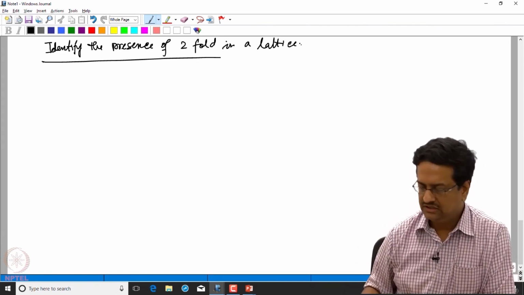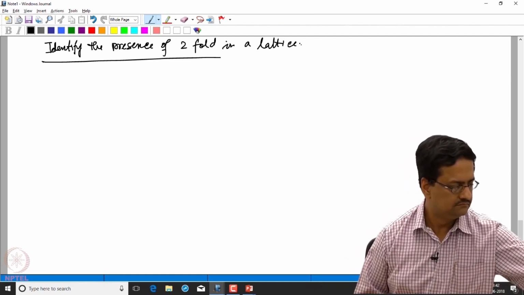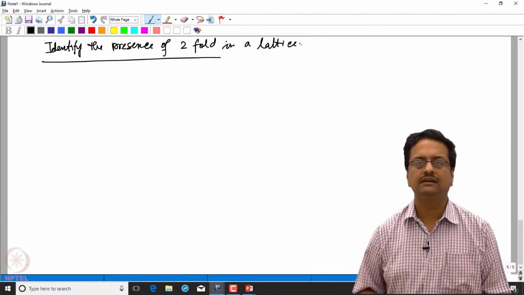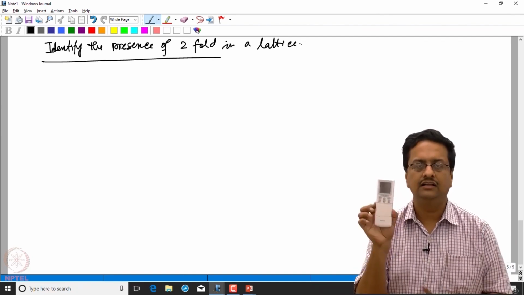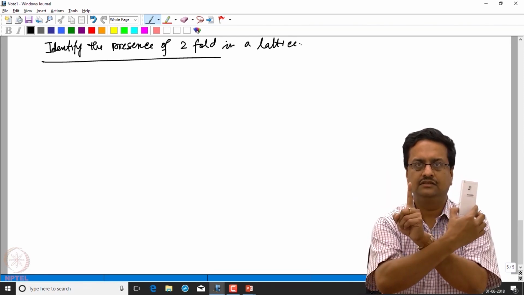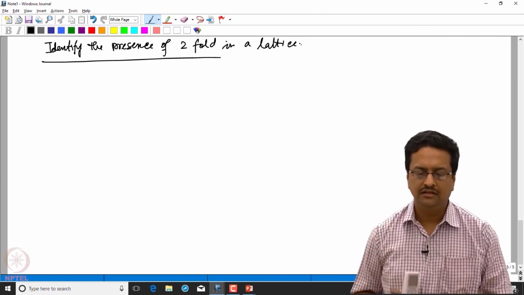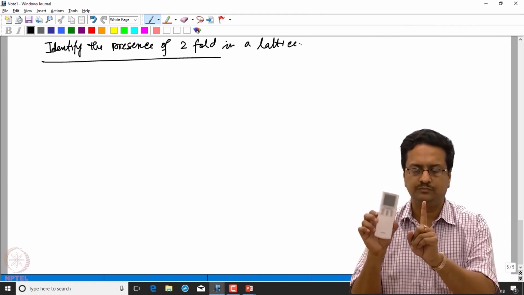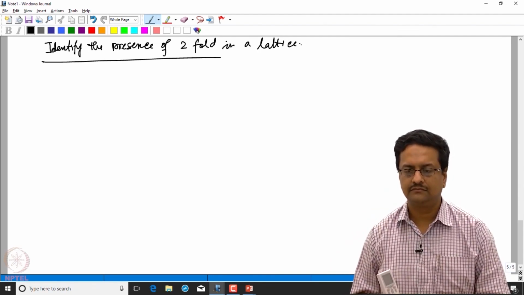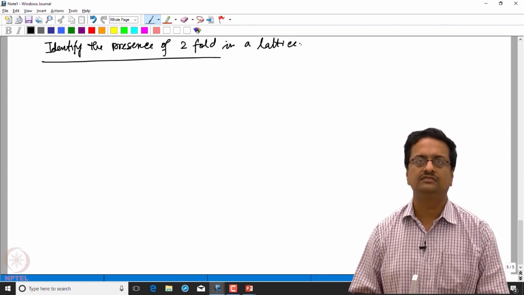So suppose I have one object like this and I apply a twofold symmetry here, it rotates like that. And if I am trying to project this object on the plane which is perpendicular to the twofold, the projection looks centrosymmetric.